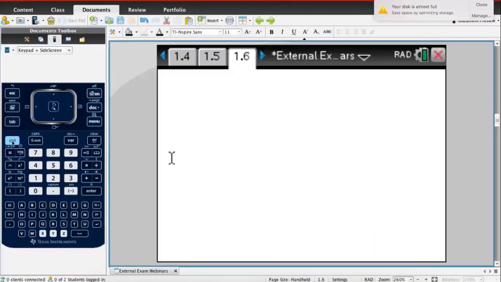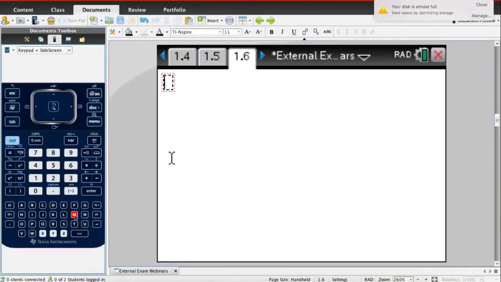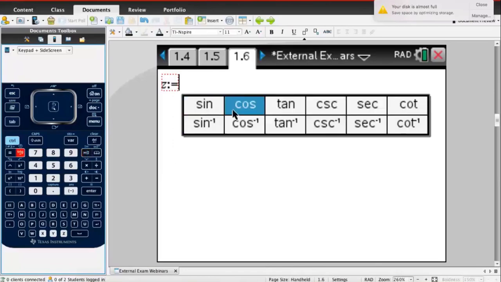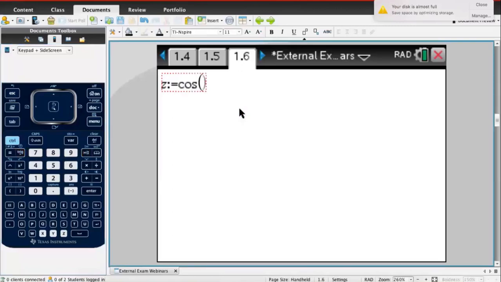I don't think I mentioned that before, but if we hit control and M for the math box, just remember that, control and M, we can then put in a complex number, and sticking with the convention, if we use Z, and we want to assign our complex number. So if we hit control and then the template there, that will allow us to assign our complex number.